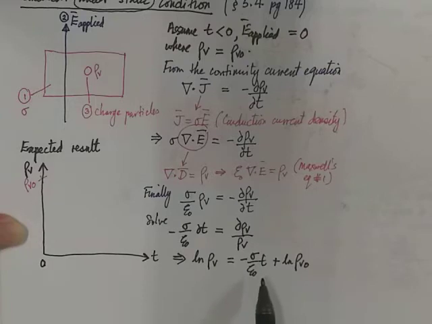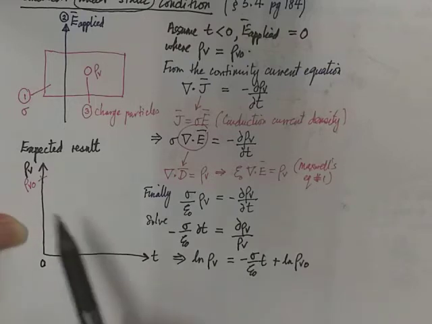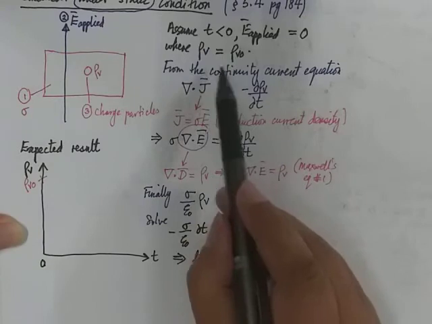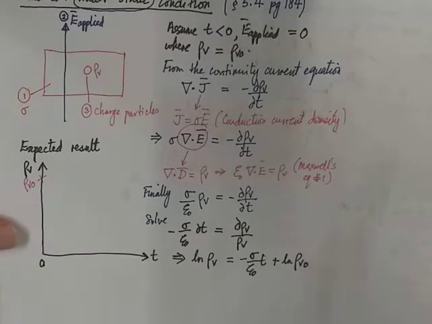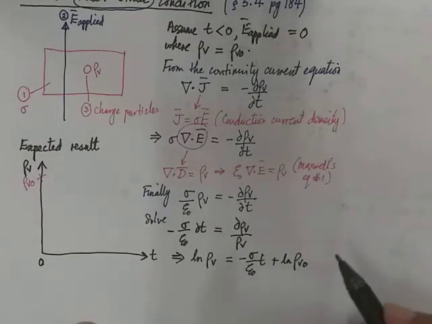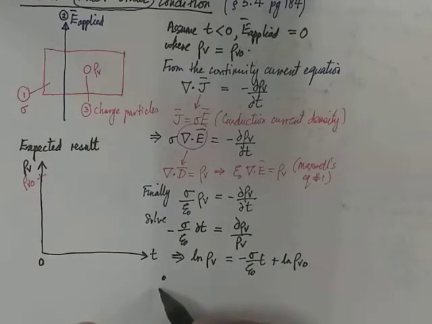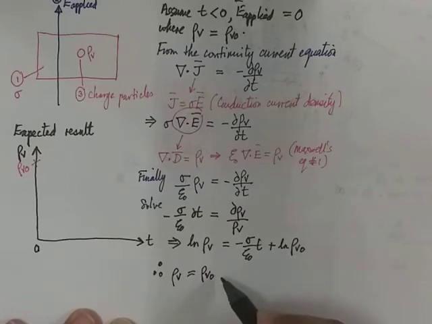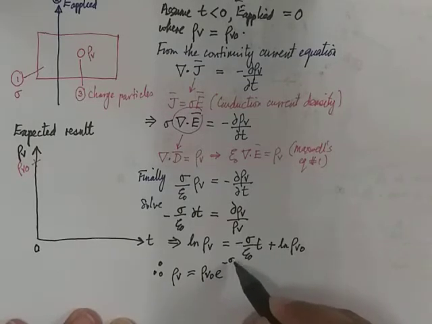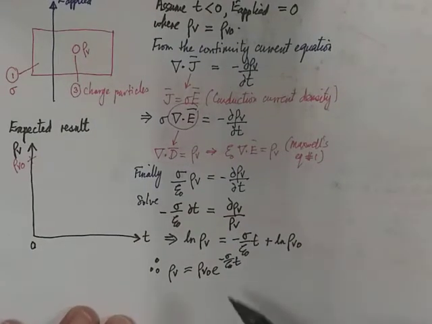When t equals 0, ln rho v should be equal to ln rho v naught, as we stated in this assumption earlier. So when I convert this equation, finally my rho v will be equal to rho v naught exponential minus sigma over epsilon naught t. Alhamdulillah, we managed to find the solution of rho v against time.